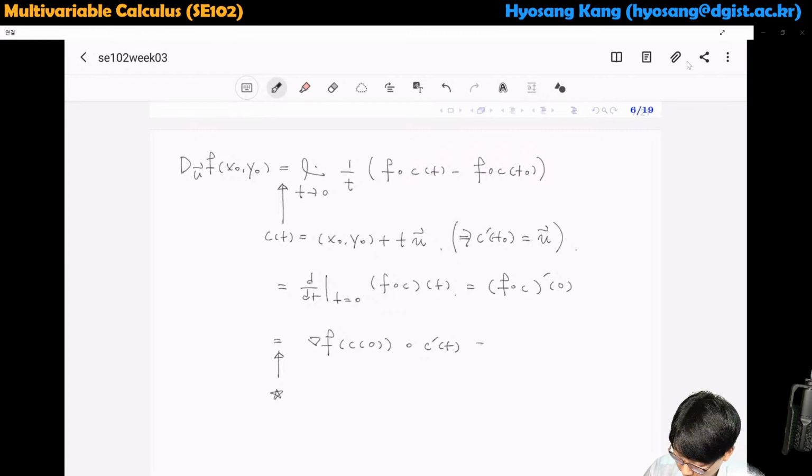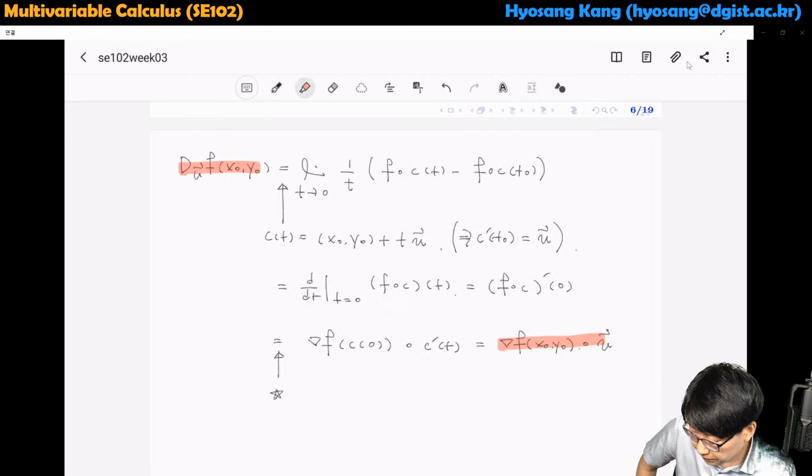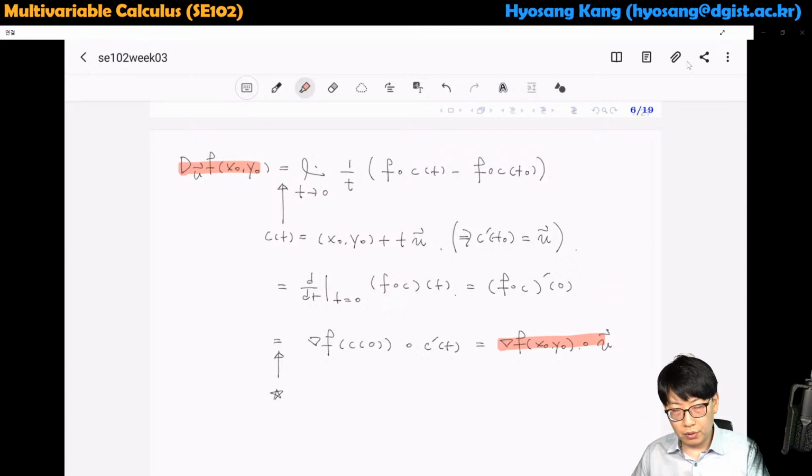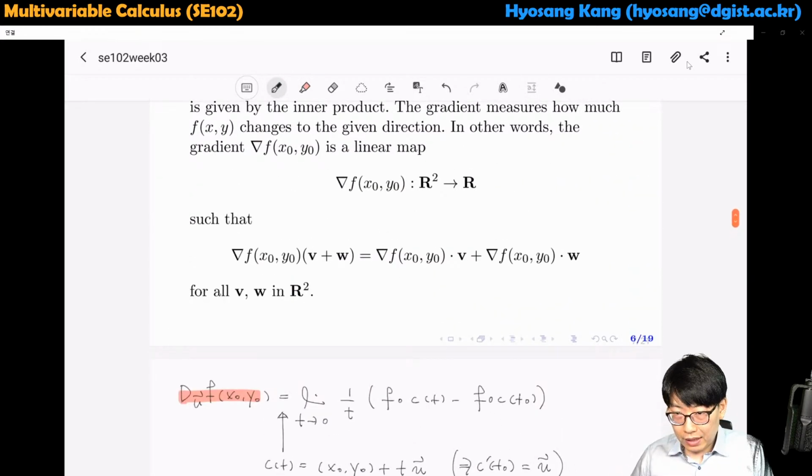So this equals the gradient of f at c(0), which is (x0, y0), inner product with u. So you can easily compute your directional derivative using the inner product. You don't have to go through all the definitions of limits. These are all the benefits of the chain rule.